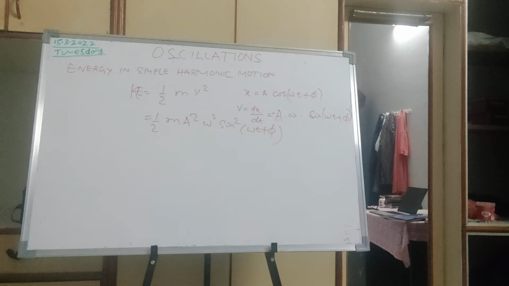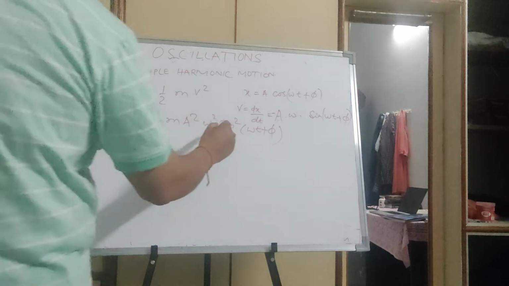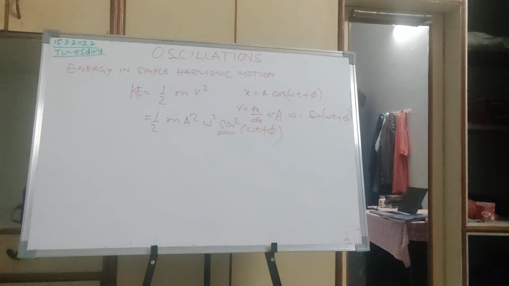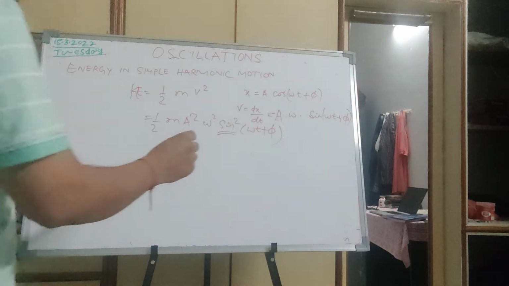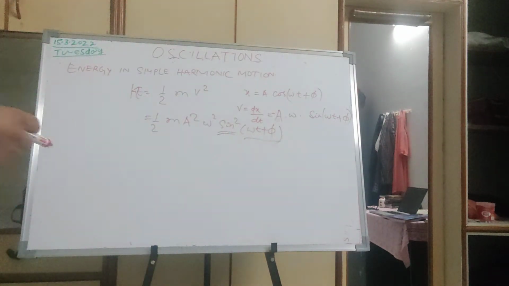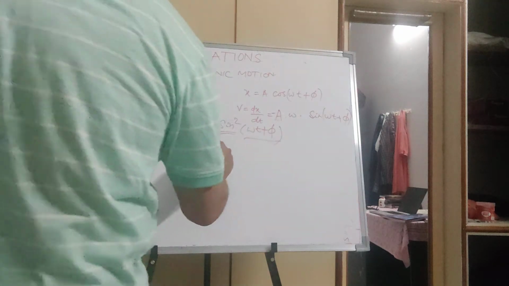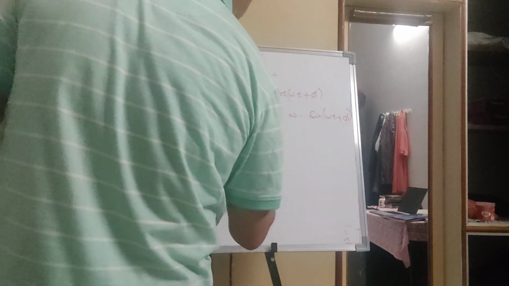Okay, and this is a sinusoidal function, so kinetic energy is also a sinusoidal function. This kinetic energy will vary from 0 to 1, because sine square omega t varies from 0 to 1.